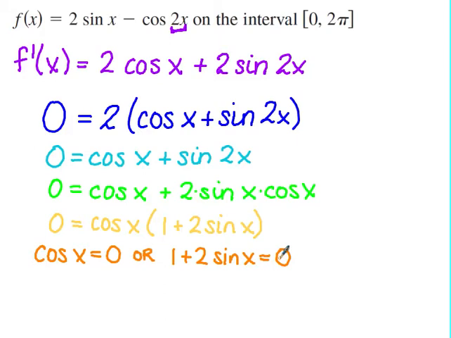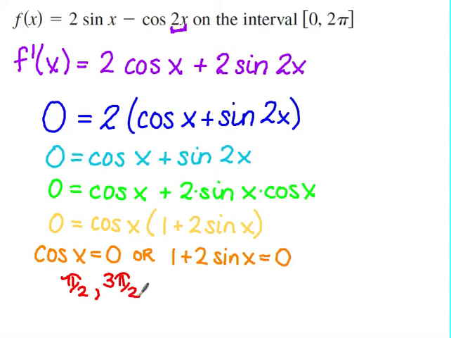If you have your nice little sheet handy from last year, you'll know where cosine equals 0 from 0 to 2 pi. Where does cosine equal 0 from 0 to 2 pi? Pi over 2 and 3 pi over 2.